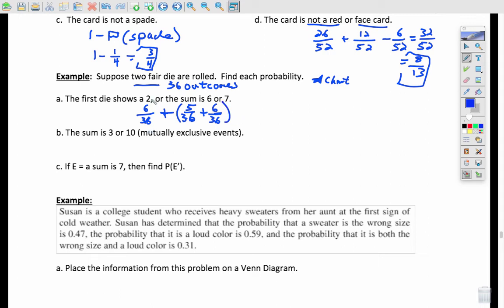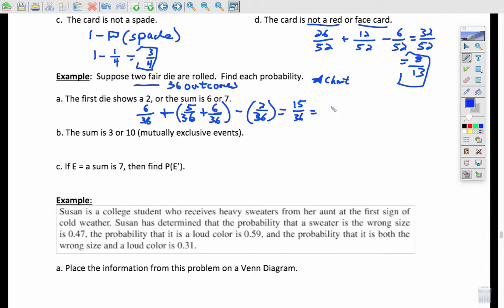You know, 1 and 6, 6 and 1, 2 and 5, 5 and 2, or 3 and 4, 4 and 3. Now, I am double counting here, though, because I could roll a 2 and still get a 6 or a 7. I could get a 2 and a 4 to get 6. I could get a 2 and a 5 to get 7. So I've got to take out those 2 outcomes that they have in common. So 6 and 5 is 11, and another 6 is 17.